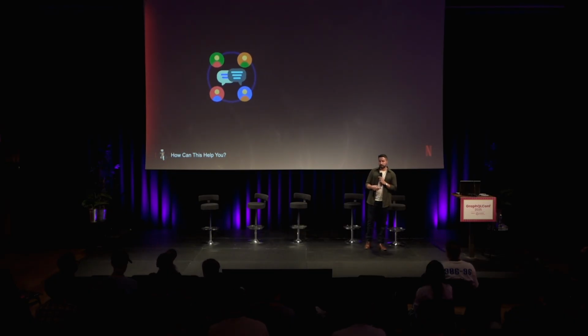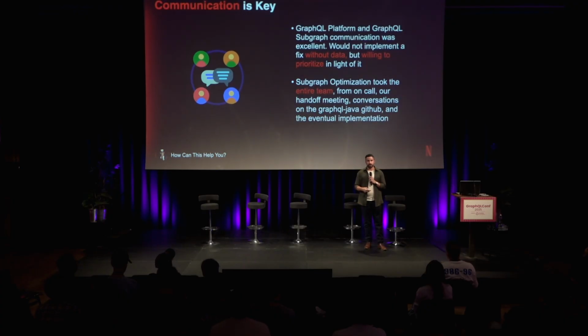In terms of communication, I think the communication between the GraphQL platform team, which owns the gateway, and the DGS side was excellent. Especially when we had the gateway optimization. We were freaking out, people being like, hey, our traffic's tripling, we need a fix right now, we have a bunch of people that are waiting on this system.